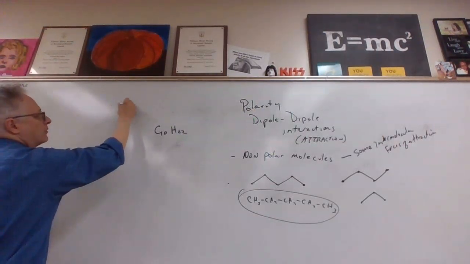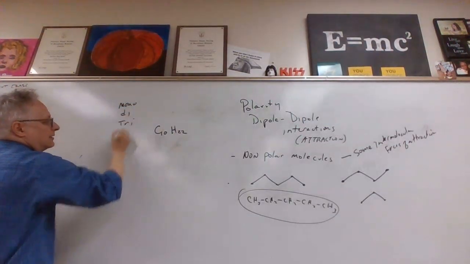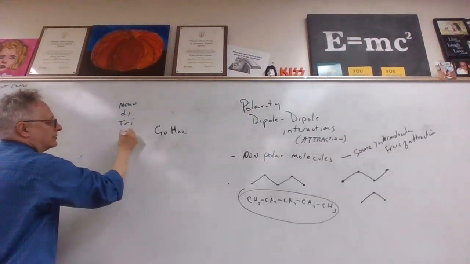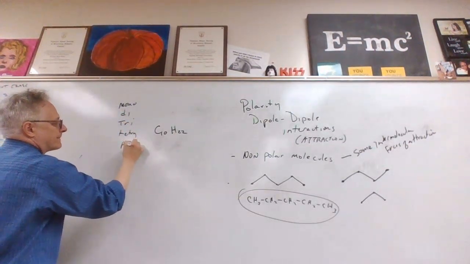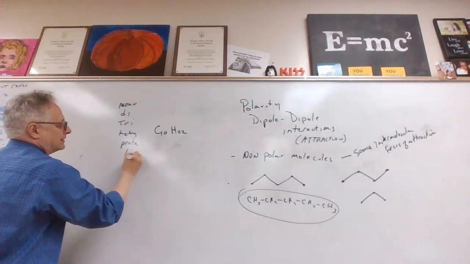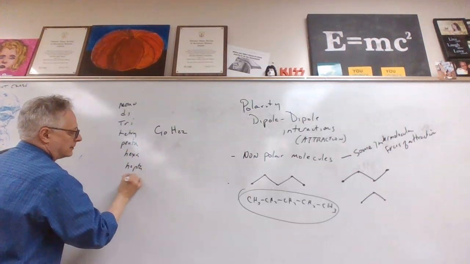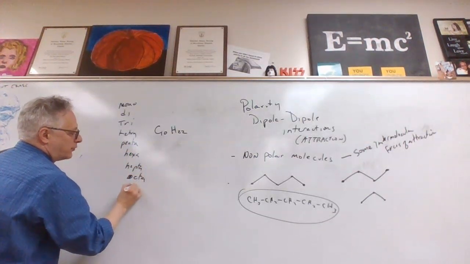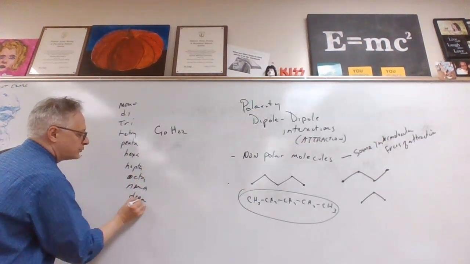So we had mono, di, tri, tetra, etc. Penta, hexa, hepta, octa, nona, and deca. And these were our prefixes.